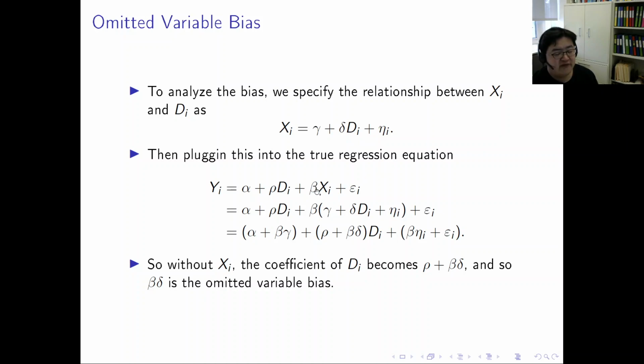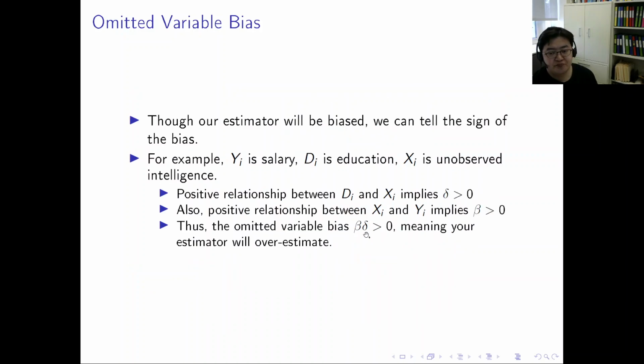And obviously beta should be positive: the more intelligent, the more money you make. So the bias, beta times delta, must also be positive.